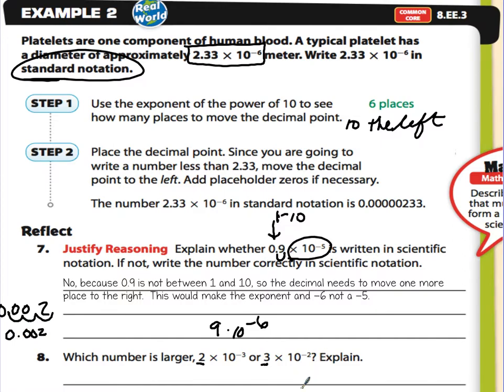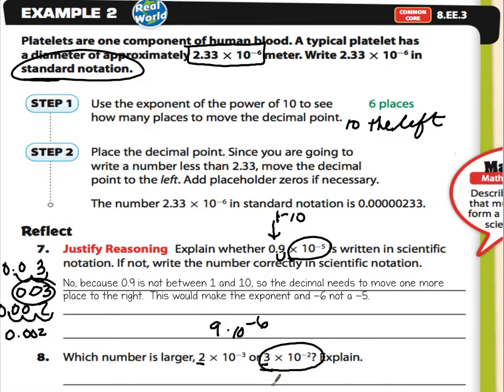This 3 has to move 2 places to the left, so it becomes 0.03, or 3 hundredths. And when we compare them, we know 3 hundredths is larger, so I know that 3 times 10 to the negative 2 is larger.